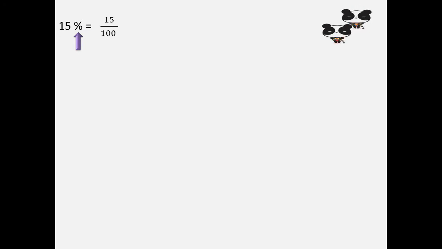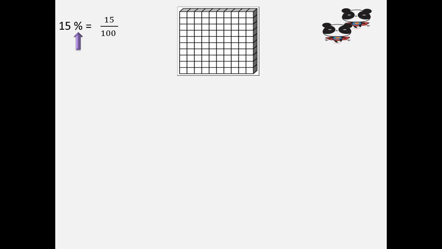As a model, if you have a 100 chart, you will color how many squares? Yes, for sure, 15 squares. It's so easy. So remember that percent is a fraction out of 100. Its denominator, or the bottom number, is 100.